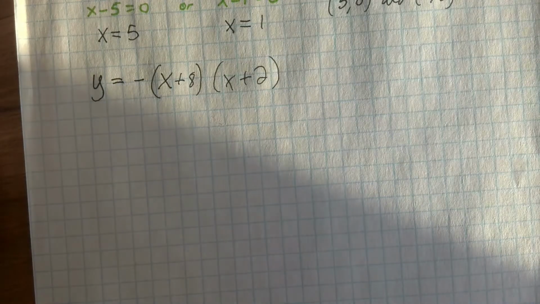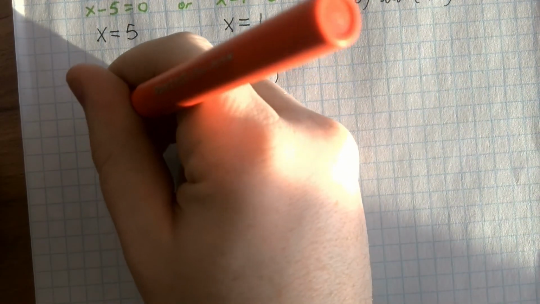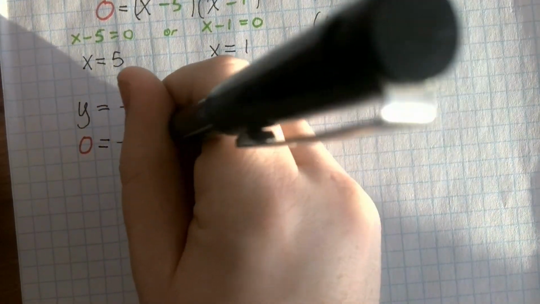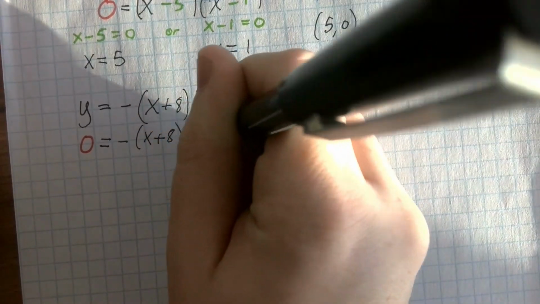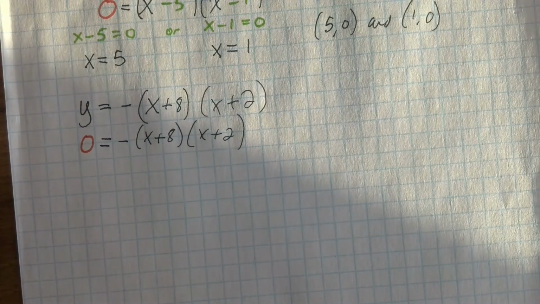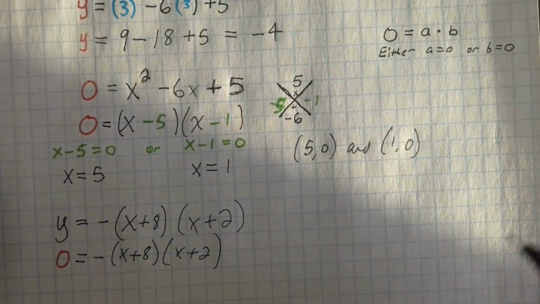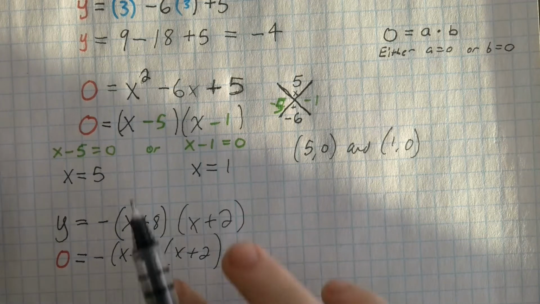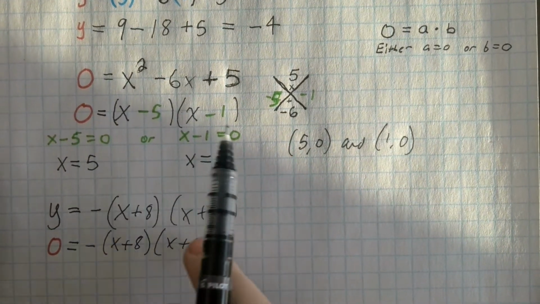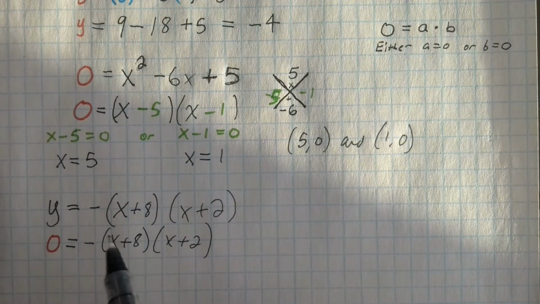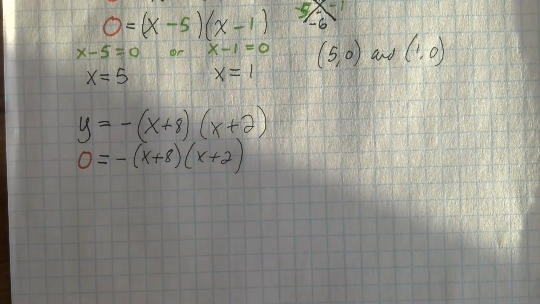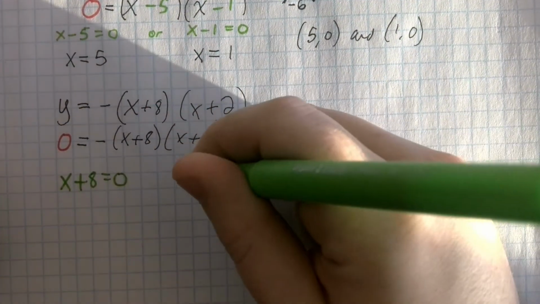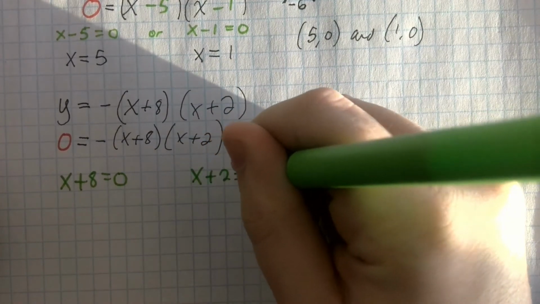So once again, we're just going to set y equal to 0 and try and figure out what x should be. 0 equals negative (x plus 8) times (x plus 2). But hang on a second, didn't we just talk about a situation just like this? The rule is when you have two quantities multiplying together and they make 0, either x plus 8 equals 0 or x plus 2 equals 0. So either x plus 8 equals 0 or x plus 2 equals 0.